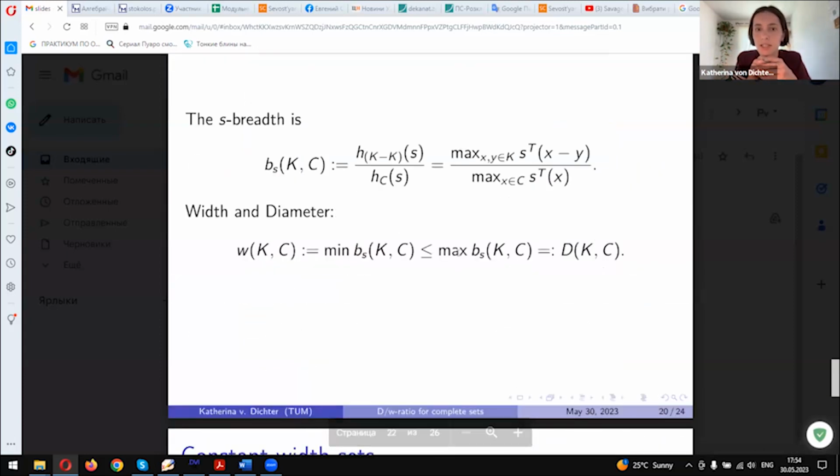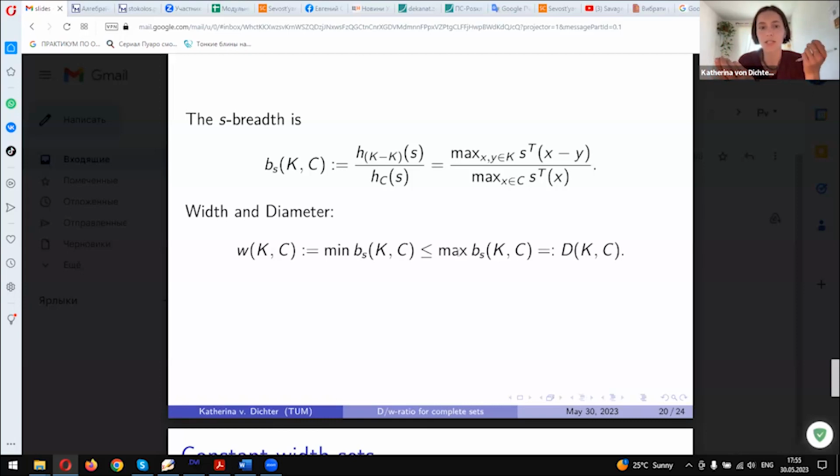The breadth is defined like here. For the definition of the breadth, we consider the ratio between the support function of the body K minus K and the support function of C. You can take the breadth in any direction, and you can also define the minimum breadth and the maximum breadth.